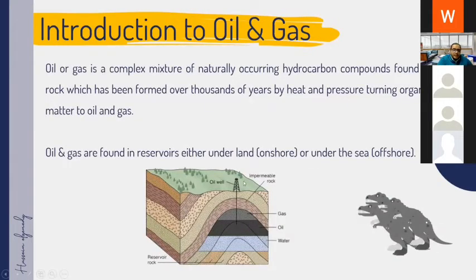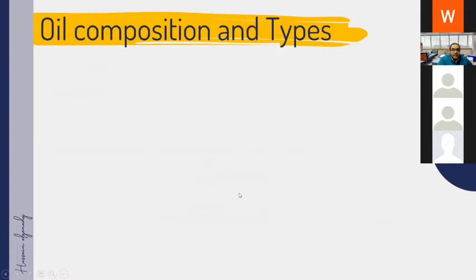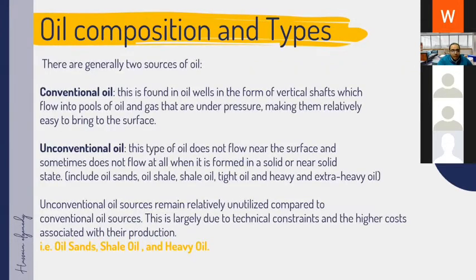You just drill the well and start sucking the oil from the reservoir. And there are unconventional oils, which need special technologies and more cost, and it's not easy to extract oil from unconventional sources, such as oil sand, shale oil and heavy oil.